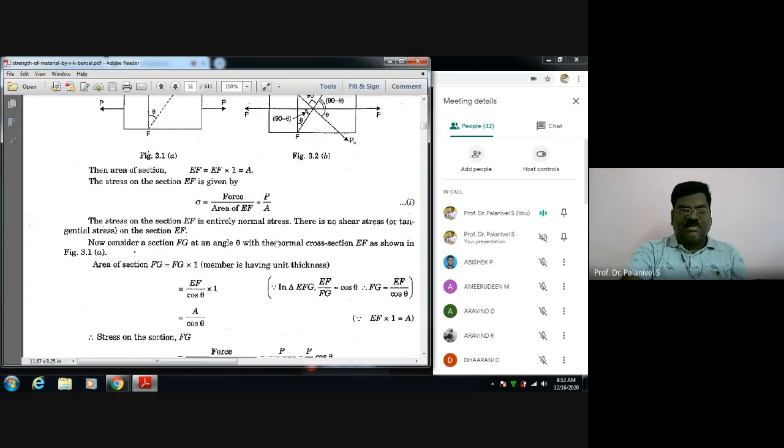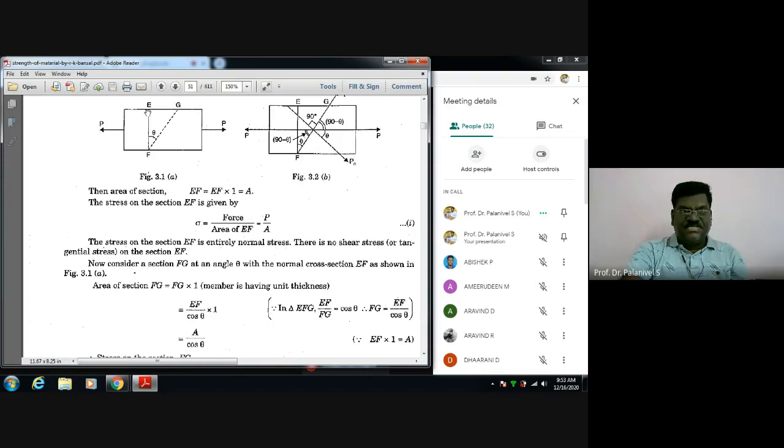Next, I want the stress on this plane FG. In this triangle EFG, EF divided by FG, adjacent side divided by hypotenuse, is equal to cos theta. Therefore, FG equals EF by cos theta.